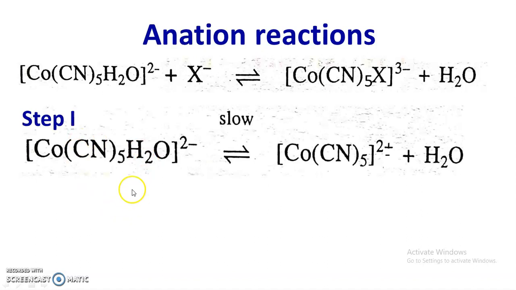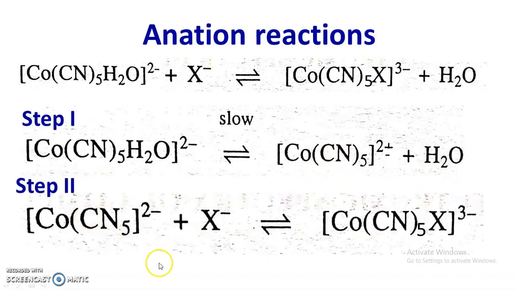There are two steps. In step 1, there is a breaking of the bond between water and cobalt. So this pentacyano aquo cobalt(III) ion slowly gets converted into the pentacyano cobalt(III) ion with the loss of a water molecule.